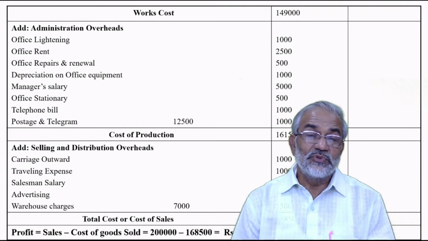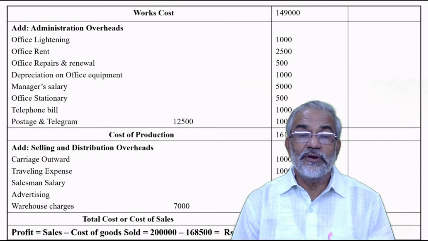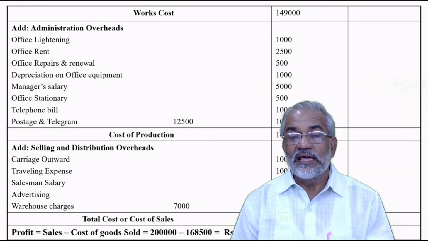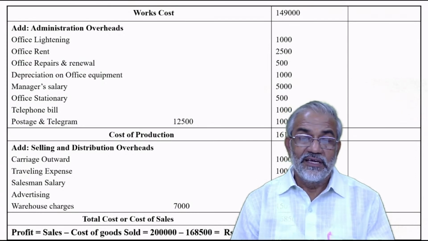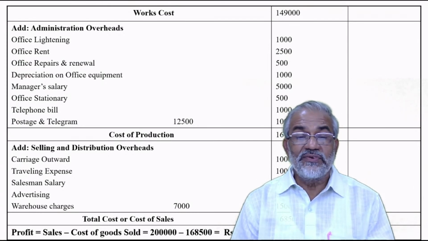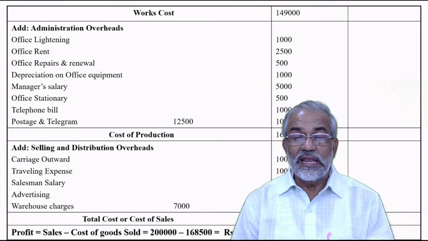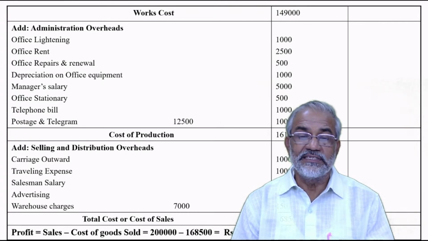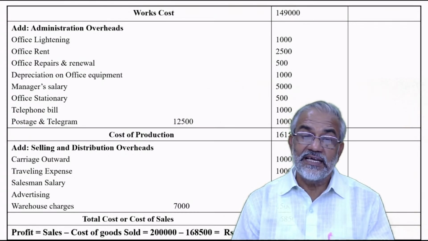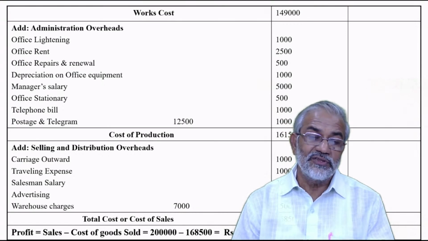That selling and distribution overhead ought to be added to the cost of production. Earlier, the cost of production was 1,61,500. When that 1,61,500 plus 7,000 towards the selling and distribution overhead, it comes to 1,68,500. And that 1,68,500 is the total cost or the cost of sales.